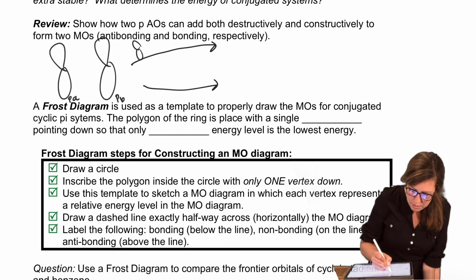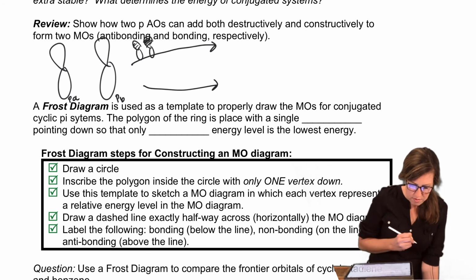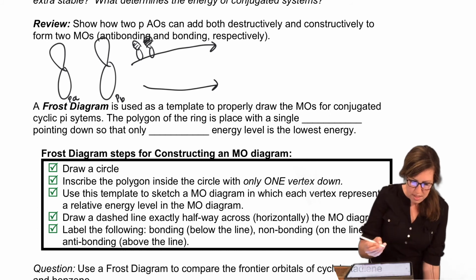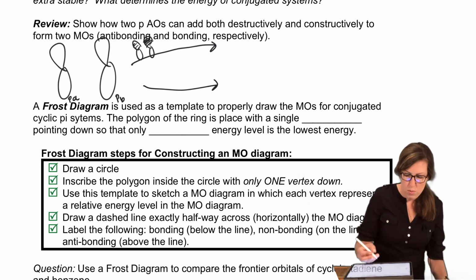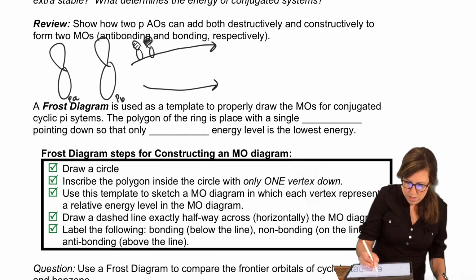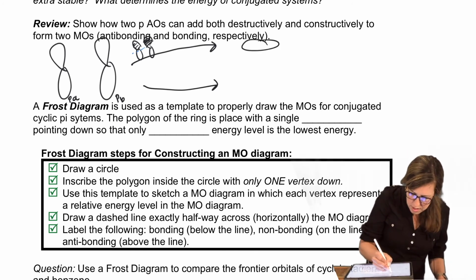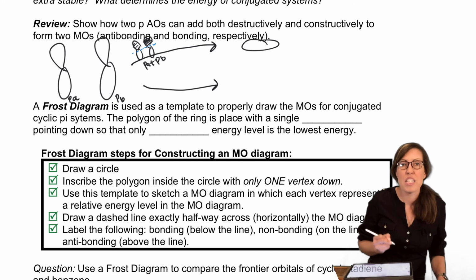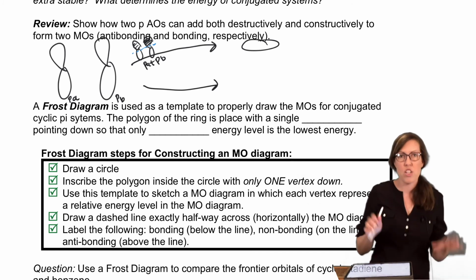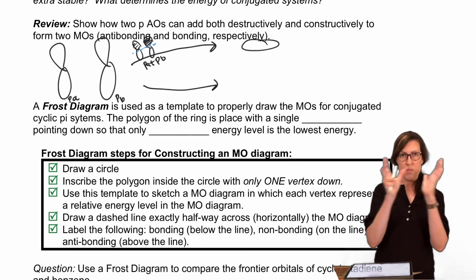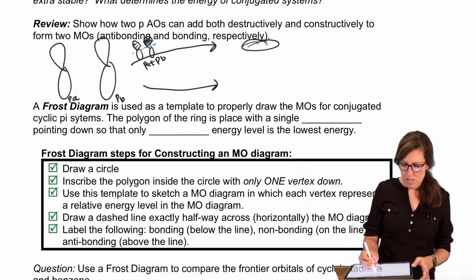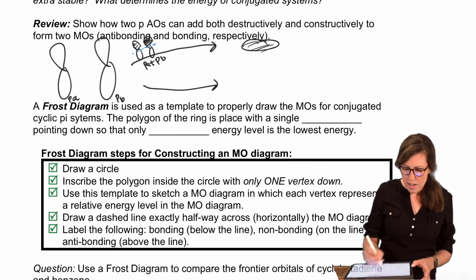If we have them in phase, they're matching. And remember, there's always a node right here. So PA plus PB. They can add constructively because they're in the same phase. The dark lobe and the dark lobe are next to each other, and we're going to add them and mix them. We always have the same nodal plane.